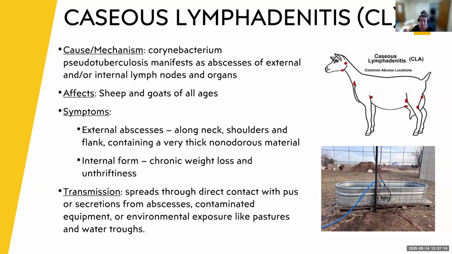And so that's where a lot of these diseases can be transmitted, but also where you can find a lot of control if you're regularly sanitizing your water tanks and also feeding equipment, but water tanks are a big part. So the locations of these abscesses are usually along the face and jaw, this upper part of the shoulder, and then along the flank and under the armpit.